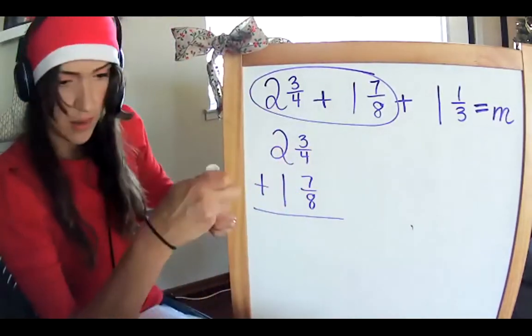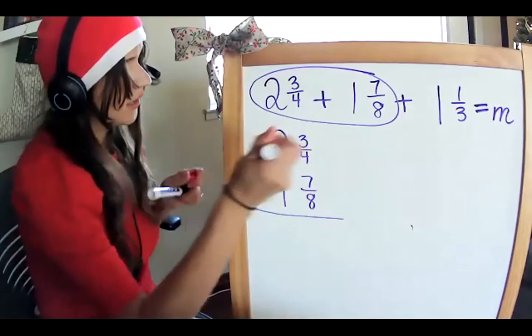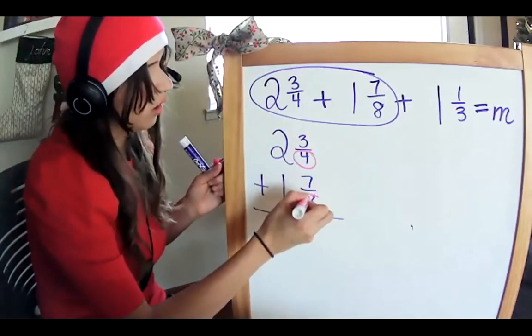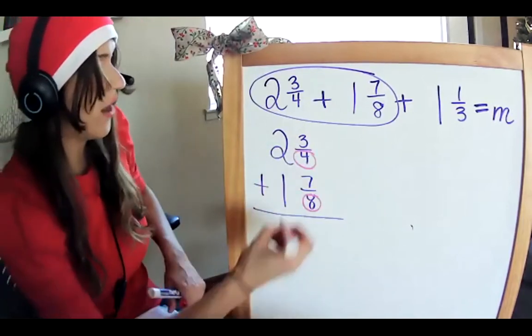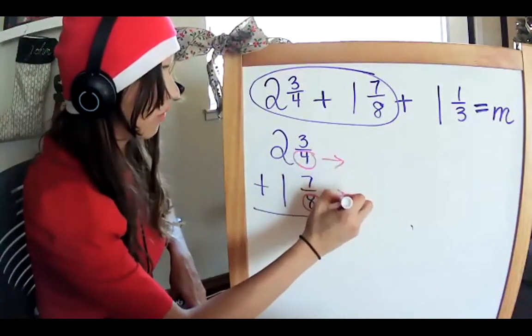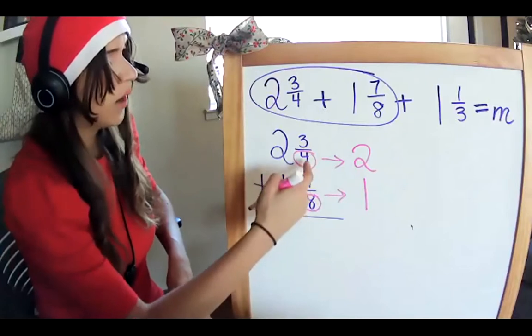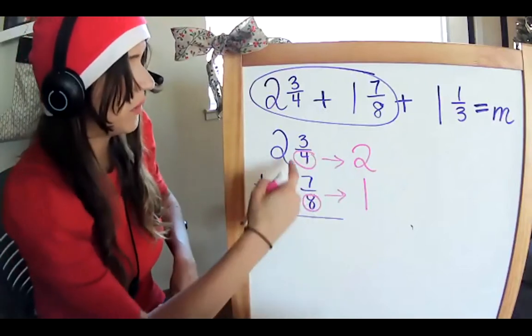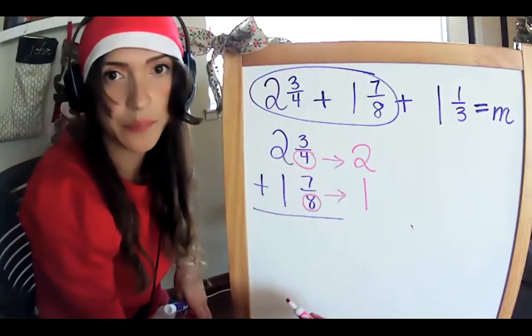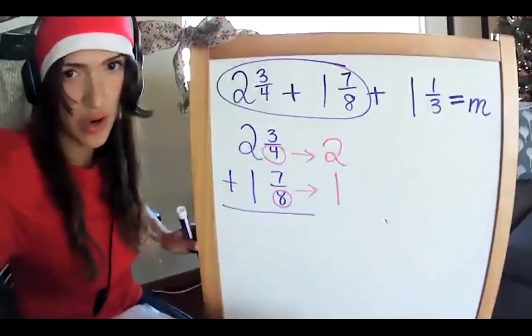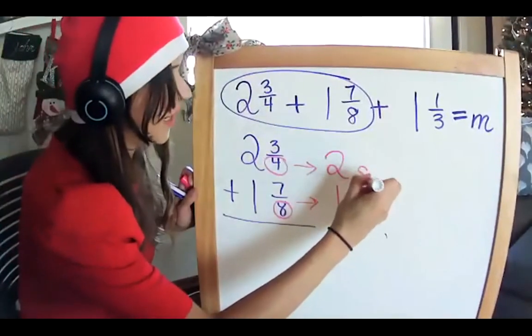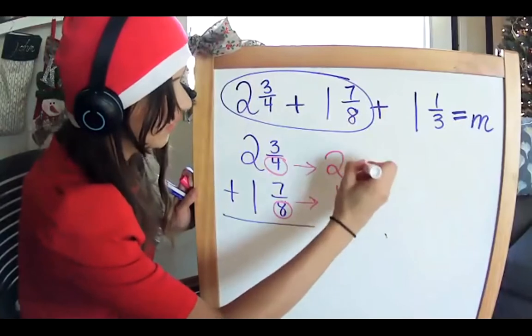All right. First thing I look at are my denominators, and they are different. So I'm going to have to rewrite. We get 2 and 1. We keep our whole numbers. What is going to be our common denominator between 4 and 8? 8. Correct. Hopefully you see it right away. No need to write everything out.